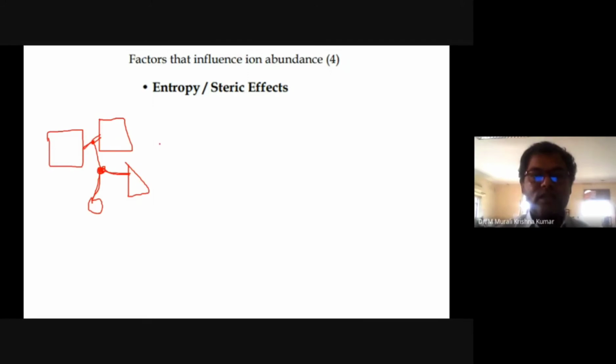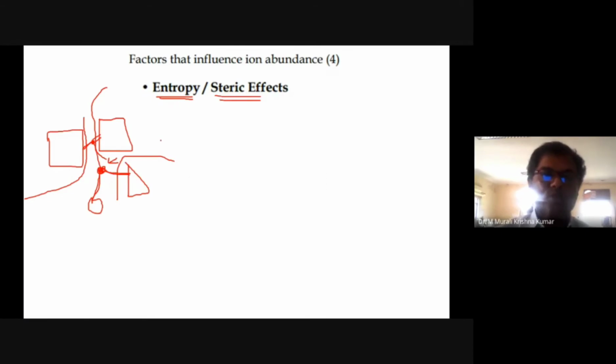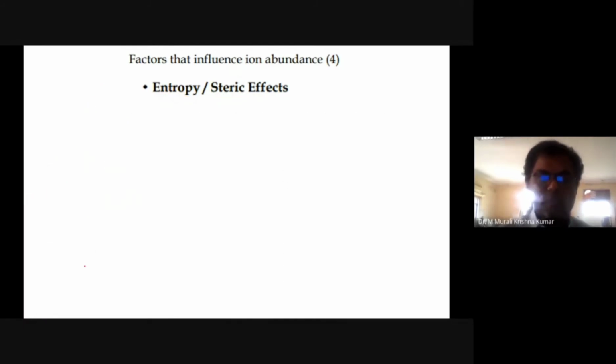So in this case, a lot of steric hindrance, or we can say a lot of entropy, will be there at this particular center. So fragmentation is favored to remove either this one or this one or this one, so as to relieve the steric hindrance. Okay, so that is also possible. So let's see some examples.